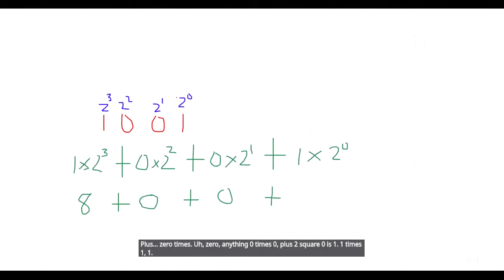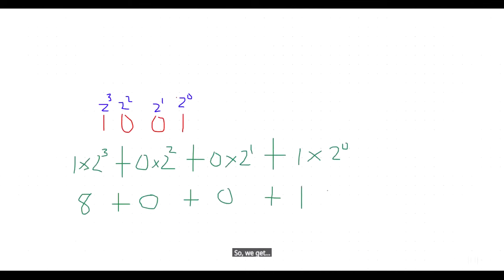So we get 9 as our answer. So 1001 converted from binary will give us 9 in base 10.